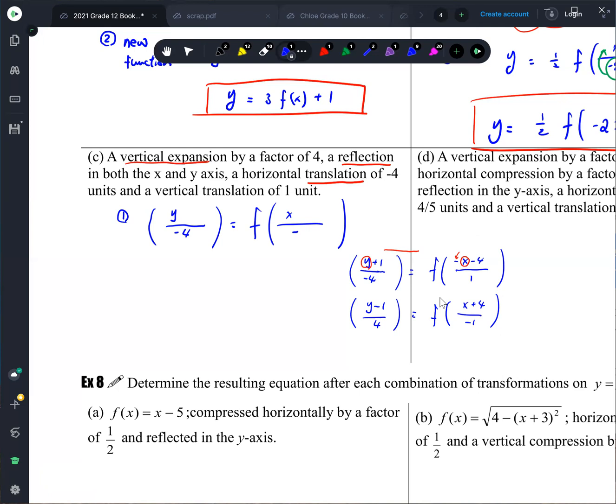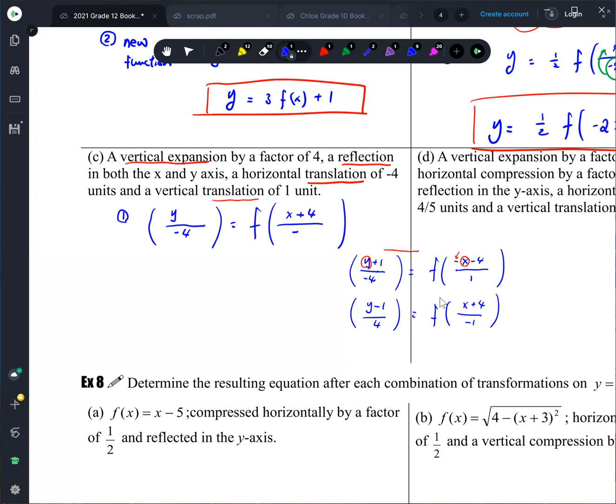Okay? And then after that, we have a horizontal translation of -4. Horizontal means with the x, right? -4 means you move it to the left 4. So left 4, you should do +4. And then vertical translation means going up and down.